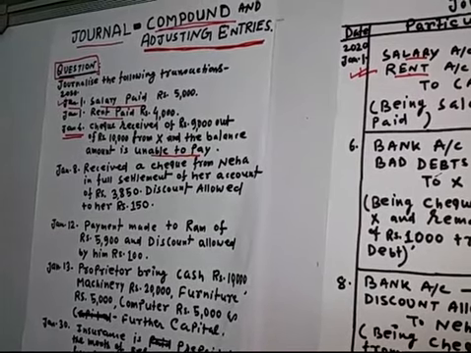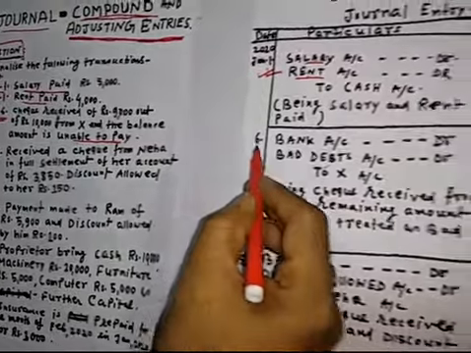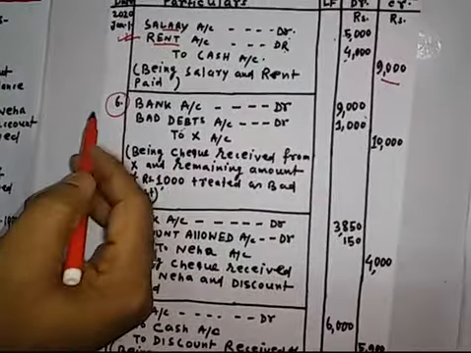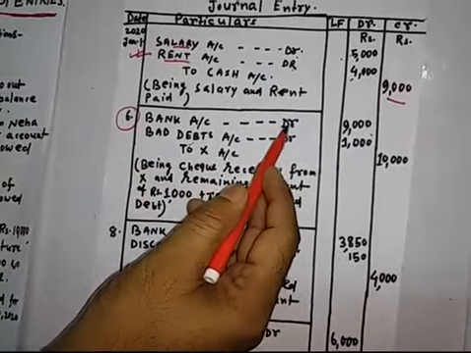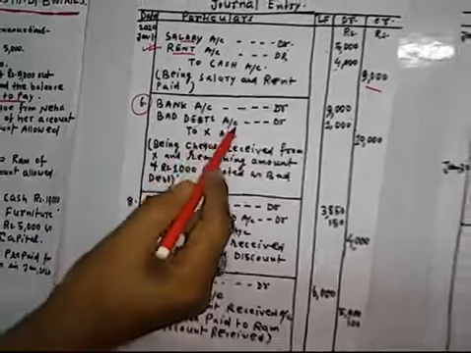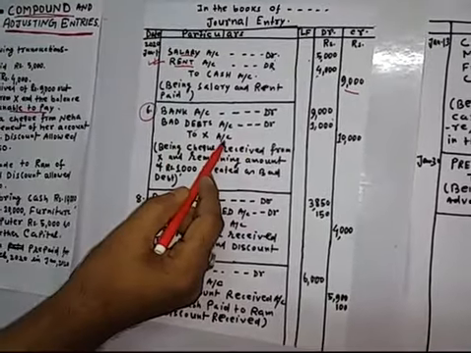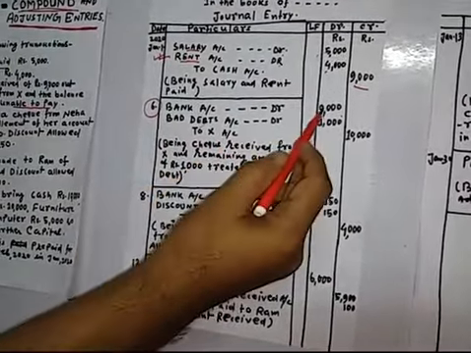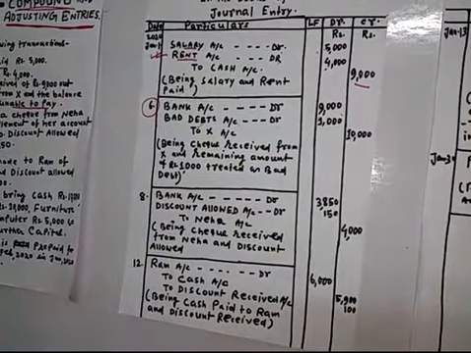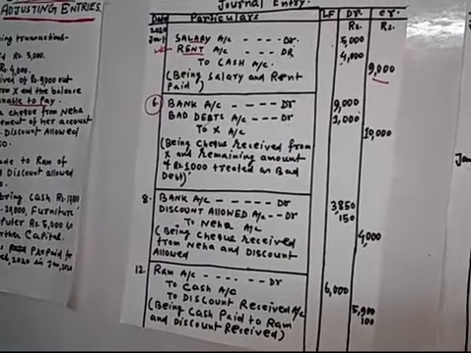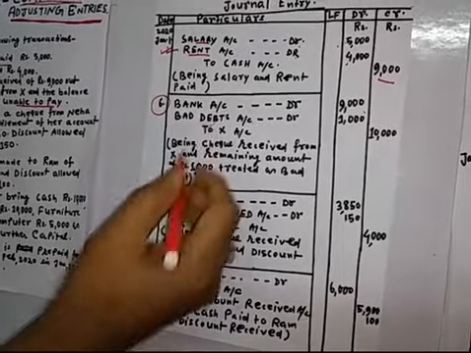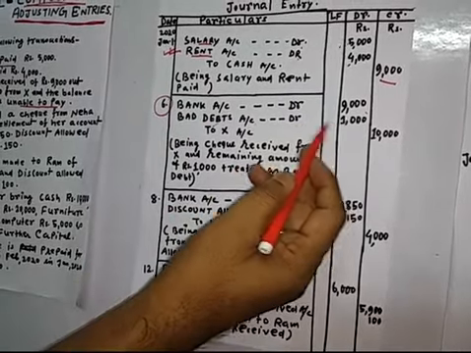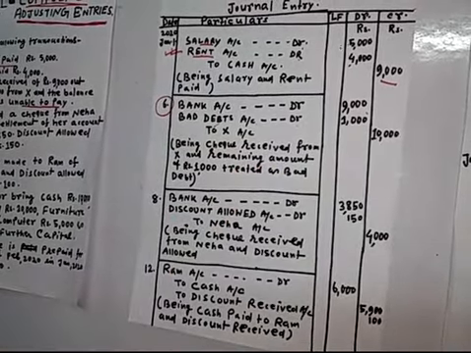Now go to the compound entry. Here you see, Jan 6: bank account debit, bad debt account debit, to X account. Bank account debit is 9,000, because you are getting only 9,000 in cash. And the bad debt amount is 1,000 because this 1,000 is not recoverable.